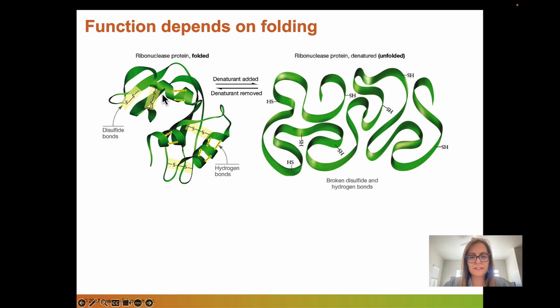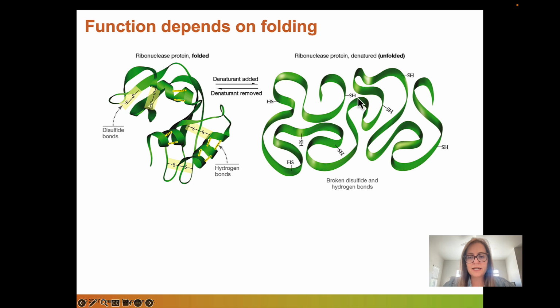Christian Anfinsen then added a chemical called a denaturant, which will unfold or denature a protein. When this chemical was added, all the disulfide covalent bonds were broken apart, and all the hydrogen bonds were broken apart.